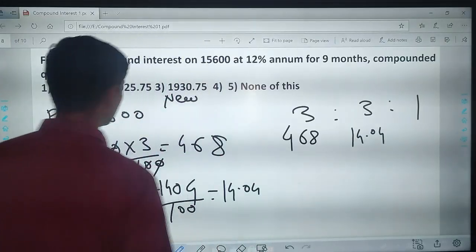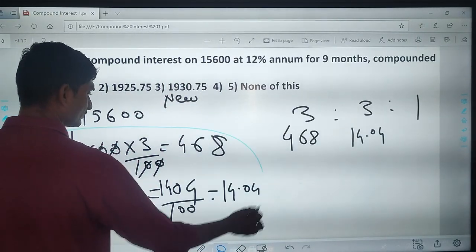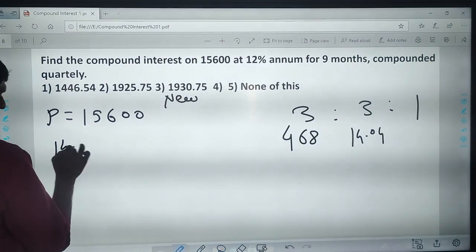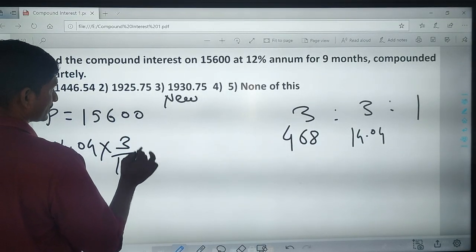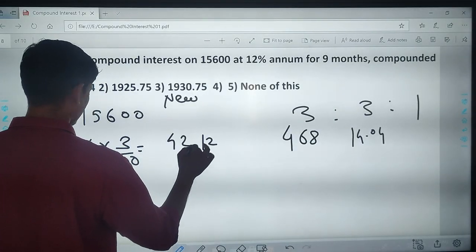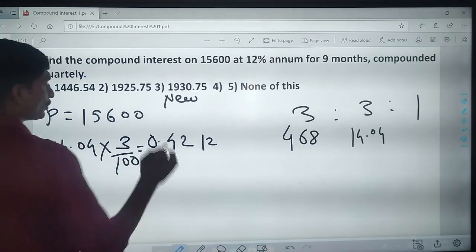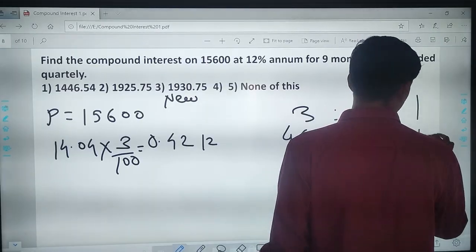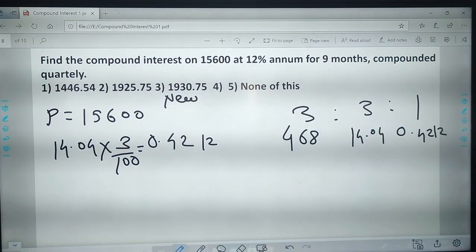Then we take 3% of this value. We take also 3% of this value. 0.4212. We get multiplication and addition.